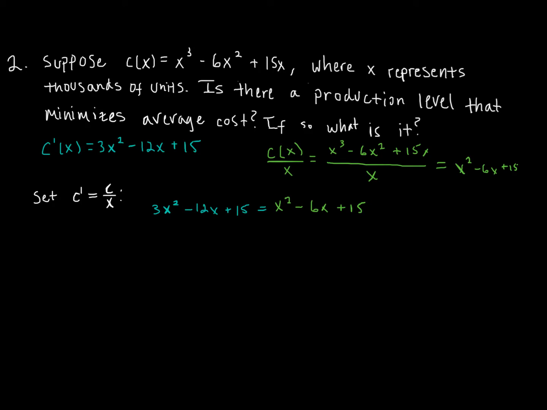You can notice in my first step here, it's a lot less to deal with if I divide the X in first in my average cost function. If not, then I'll have cubics on each side, and I'll have to do a little more factoring on the back end of it. But at this point, I just have a quadratic equation, so my goal is to get one side equal to 0 and solve either by factoring or using the quadratic formula.